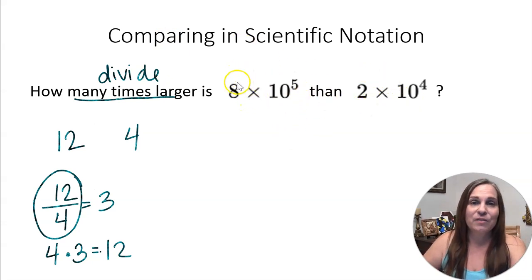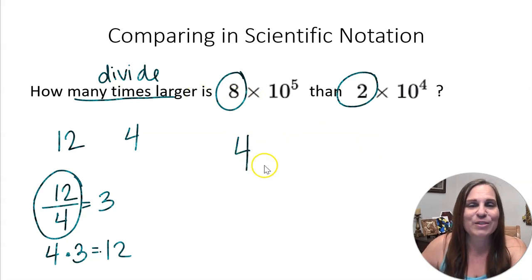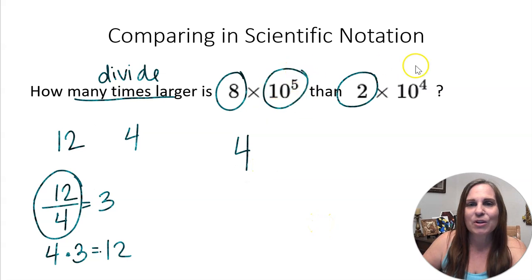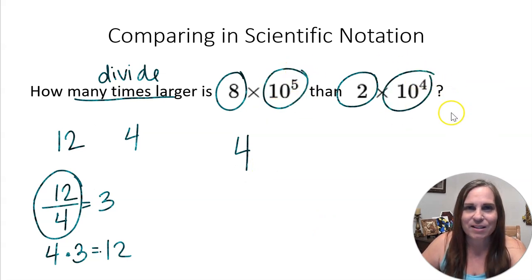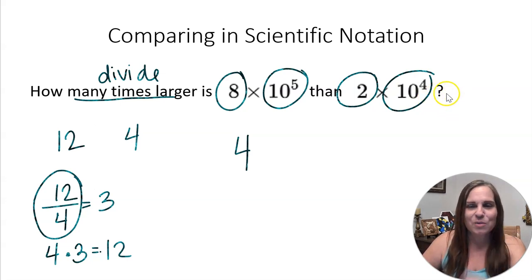Well, we're going to divide this part the same way we always do. So 8 divided by 2 is 4. That part's easy peasy. This part is not much harder. We know how to divide these. We learned it in, what, like 2 lessons back, 2 videos back?